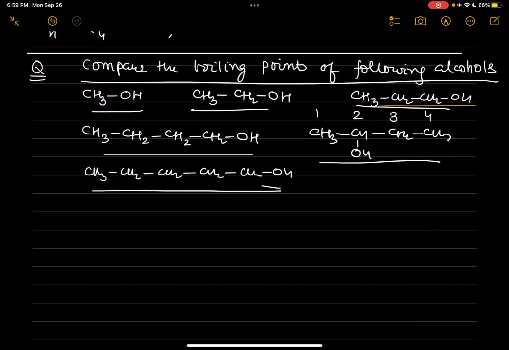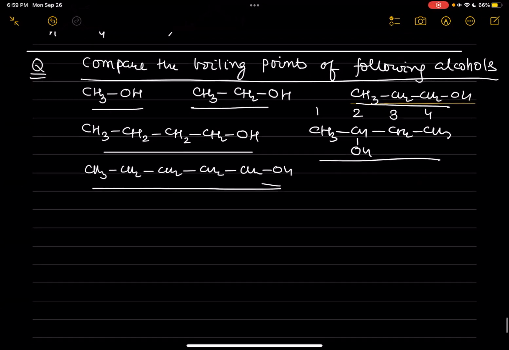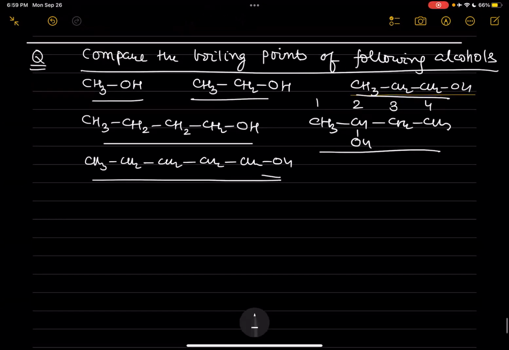CH3OH. Yes, the lighter, smaller molecules are going to evaporate very easily. They require very little energy.